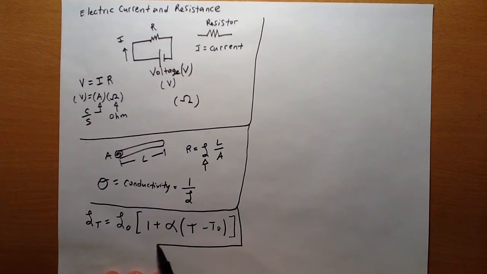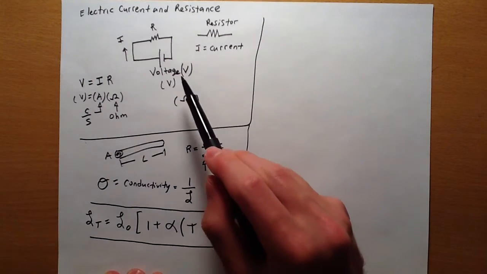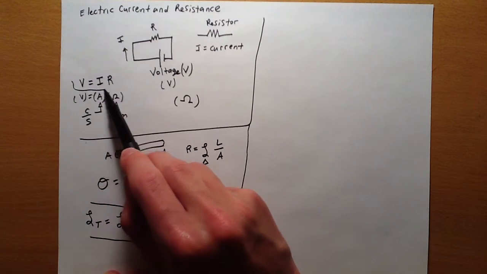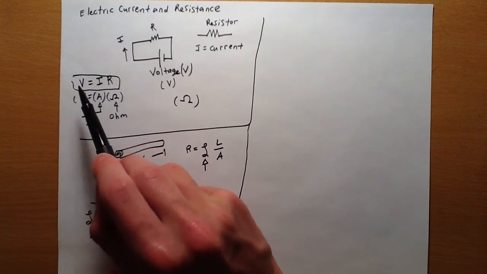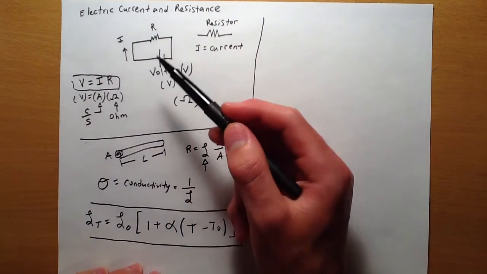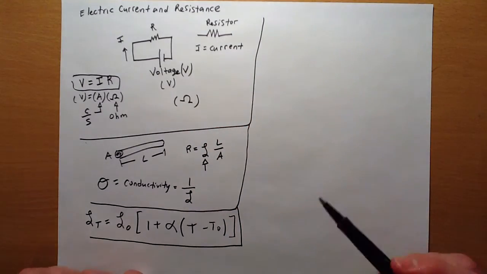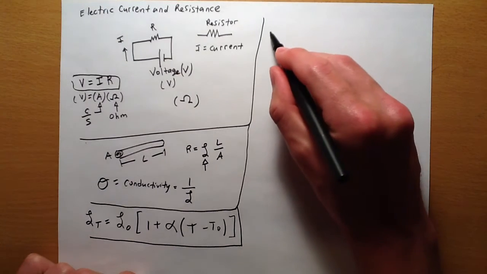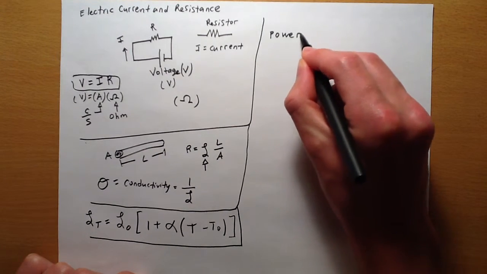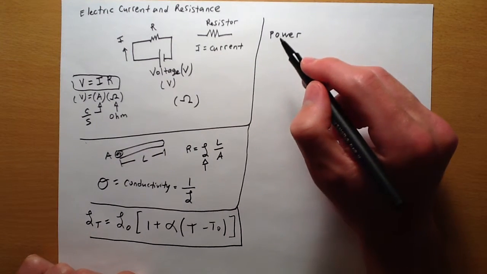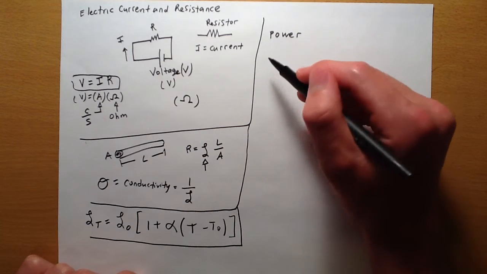Now, there's another equation that links to Ohm's law. Voltage equals current times resistance, which we use to solve for a certain constant in a circuit like this. And that is power. Power, we know, is the ability to do work over time, or to exert energy over time.